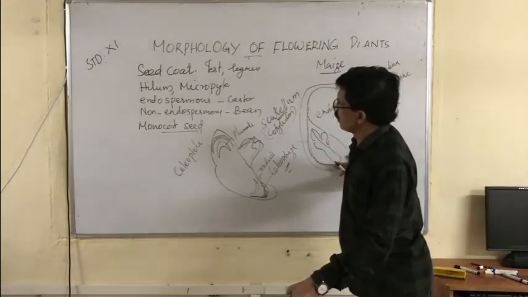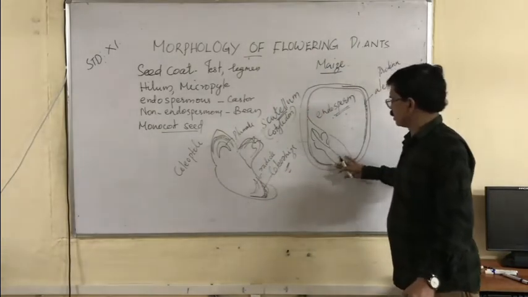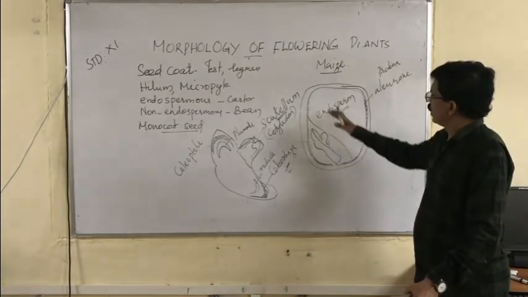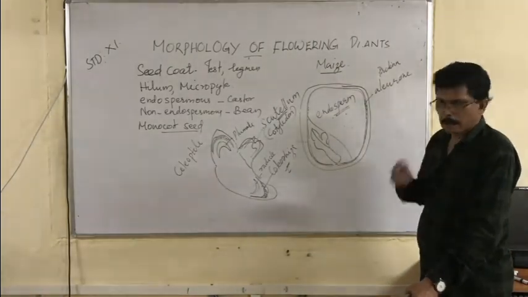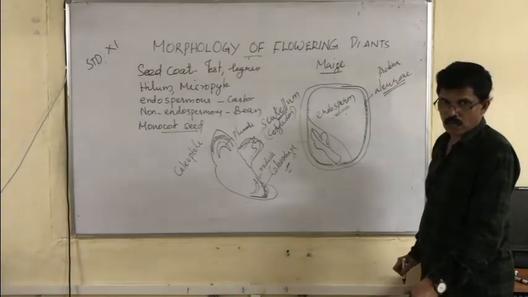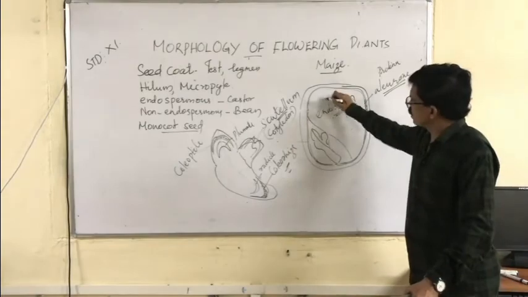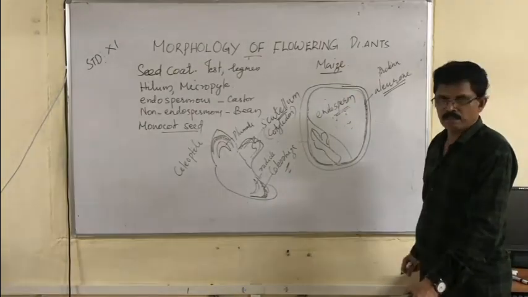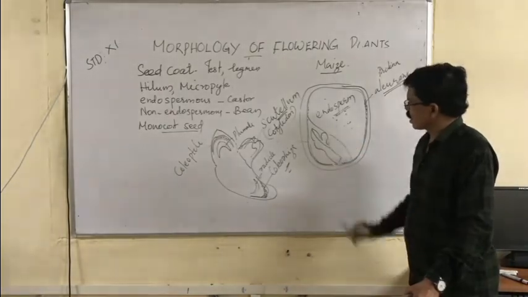So here we have studied the structure of a monocot seed, for example the maize seed. Maize seed is rectangular, with a seed coat. Inside the seed coat is the yellow aleurone protein layer. A large endosperm is at the center, so it is an endospermous seed. The embryo is seen on one side.